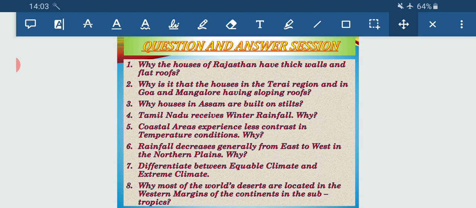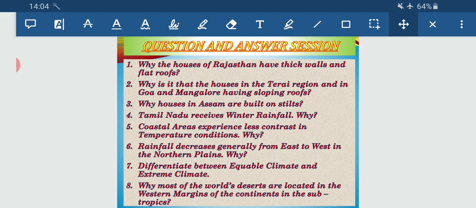The moment they reach the western part, they are again obstructed by the Aravalis, so they shed out their moisture in the eastern part of the Aravalis, and the western part is totally devoid of these moisture laden winds, so it has developed as the Thar desert region.